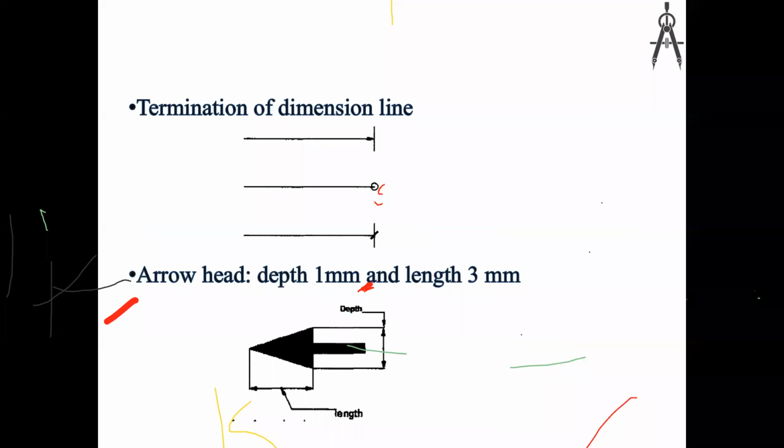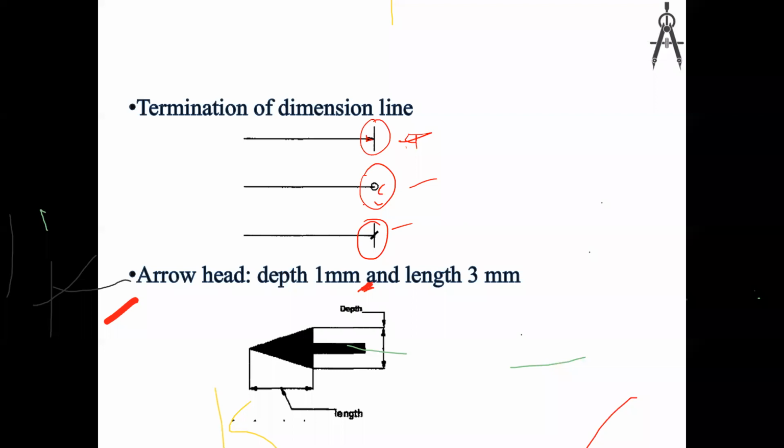Termination of dimension line. You have several terminations: this round, this slash, or this type. This is the normal type that we use in our manual drawing. These others you might have used in your civil and architectural drawings.